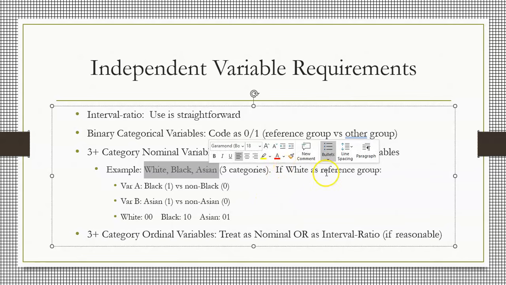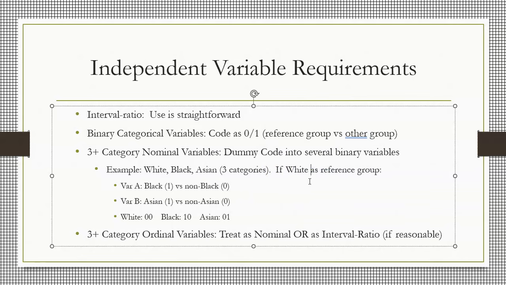If we want white as the reference group, and we most often will put as the reference group whatever the majority is, or something that's been a baseline from the past, or that you consider baseline, that may bother some people, which group we pick, but it's most often the largest group. Not always, but most often the largest group.